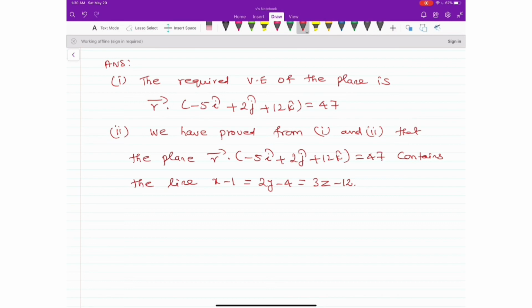In order to prove that, two parts you have to prove. The first one is the plane passes through the point which lies on the line. The second is the plane is parallel to the line, or in other words, the normal to the plane is perpendicular to the line as well. So these are the two parts you have to prove. Then finally you have to conclude your answer.